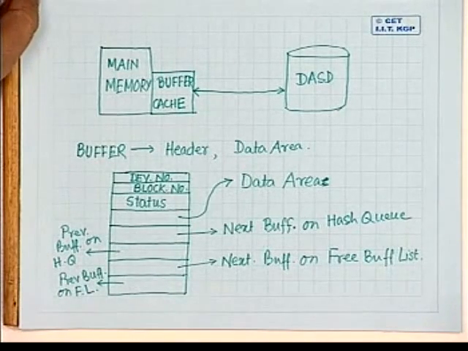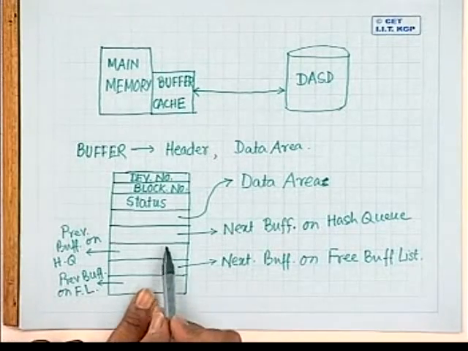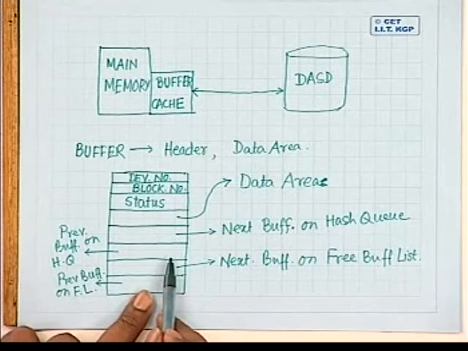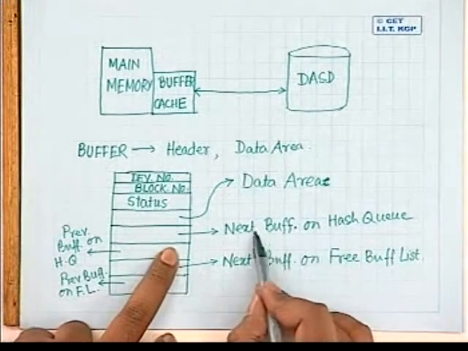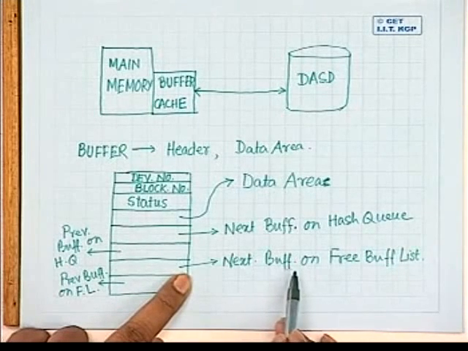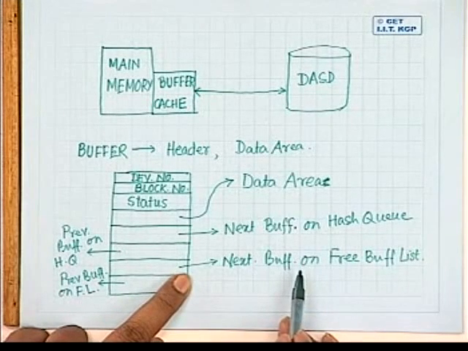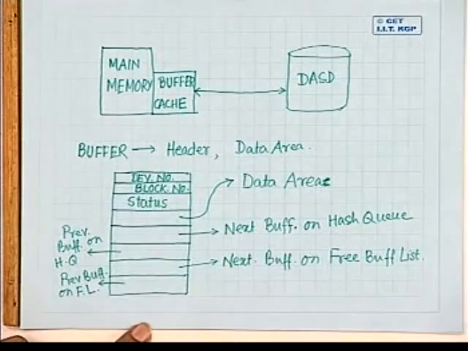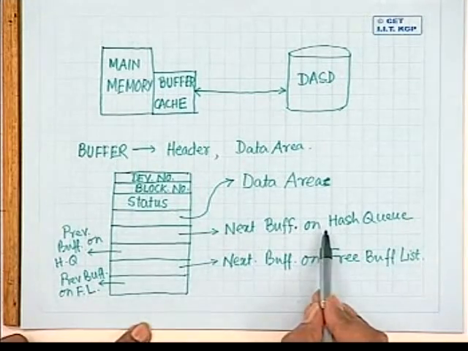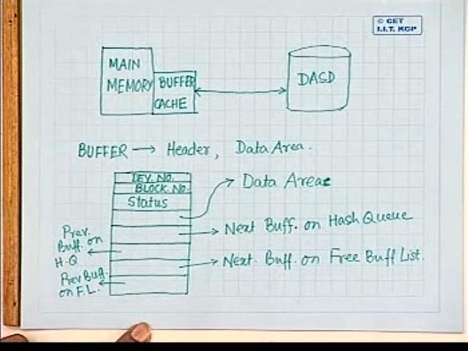Okay. So you find that I have a set of pointers for maintaining this buffer in two different lists. One list is maintained in the form of a hash queue, the other list in the form of a free buffer list. So it is possible that the same buffer will simultaneously exist in both of these lists. It will be in the hash queue as well as on the free buffer list.